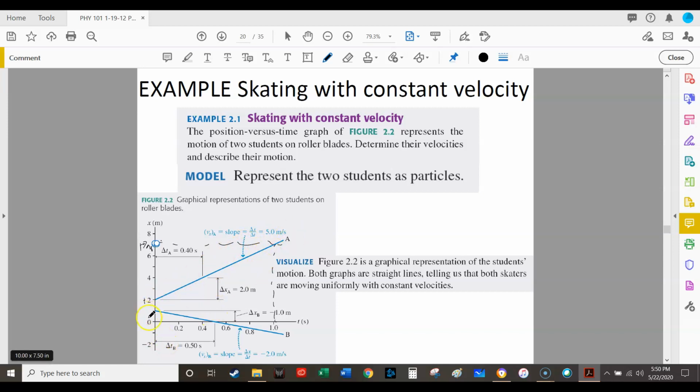This next person starts off at a positive 1 meter position and ends at a negative 1 meter position at the 1 second mark. All right. So their displacement is going to be negative 2 meters. They went to the left 2 meters over the period of that 1 second. So their velocity is going to be negative 2 meters per second.